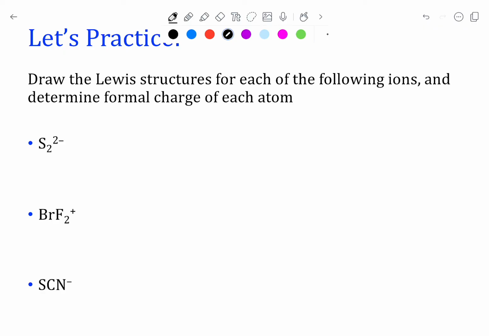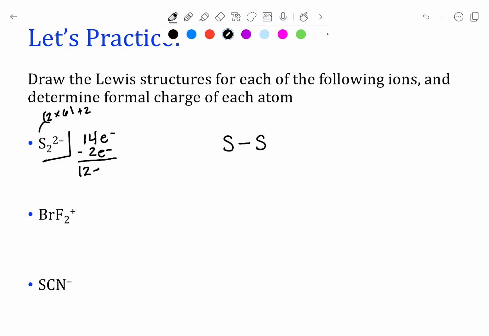For our first example, S2 2-, we have a total number of 14 electrons to work with. That comes from 2 times 6 from the sulfur plus the 2 electrons that are extra in our charge. Okay, our charge is 2-, so therefore we need to account for 2 extra electrons. So in our structure, we have S bonded to S, so that used up 2 electrons.